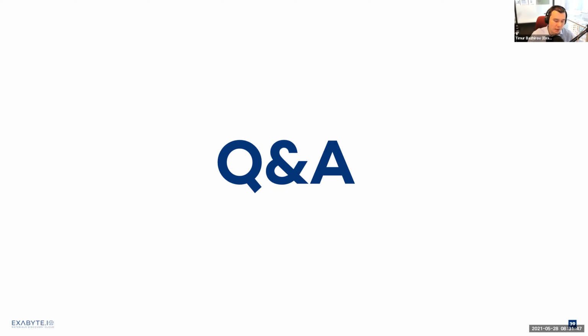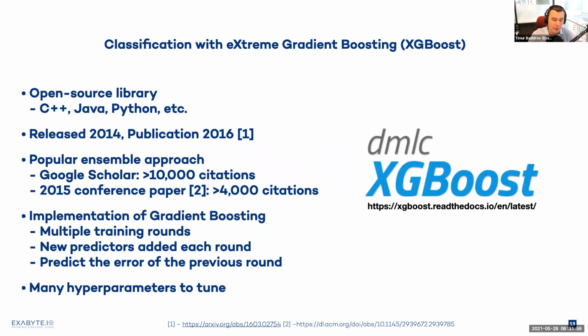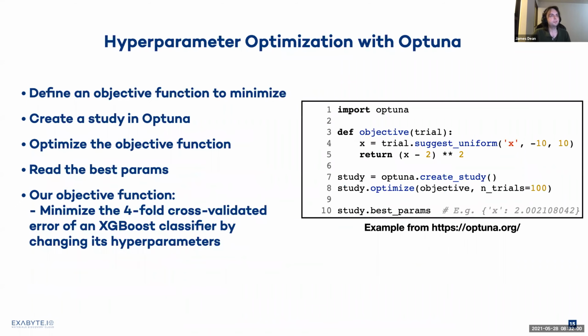So when we're speaking about XGBoost, I think it was on slide 10 or around there. How do you select the objective? So like the objective that I'm feeding into Optuna.